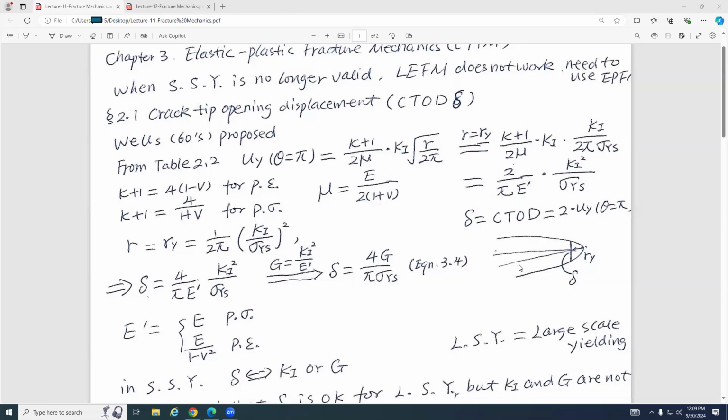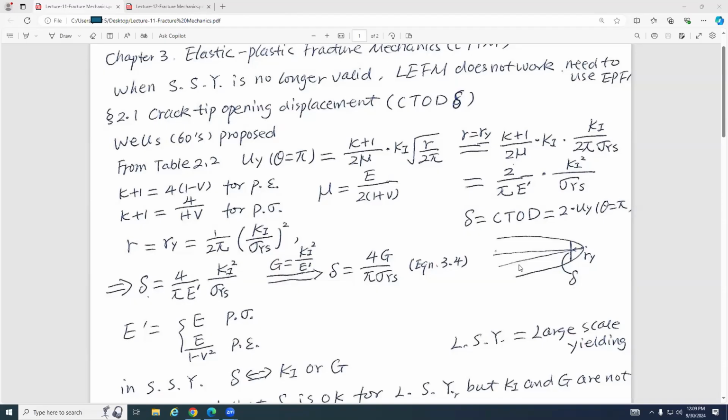So here is the final crack. This is the final crack at this point, so this is the crack tip. At this point, we want to see how big this delta is, how big the opening is.